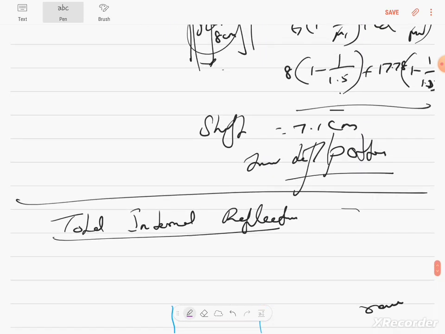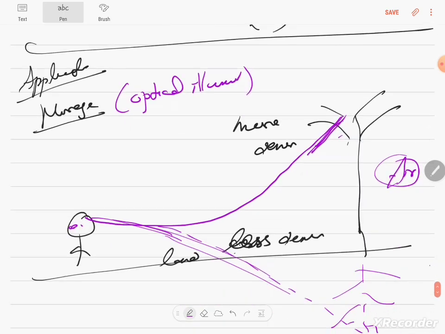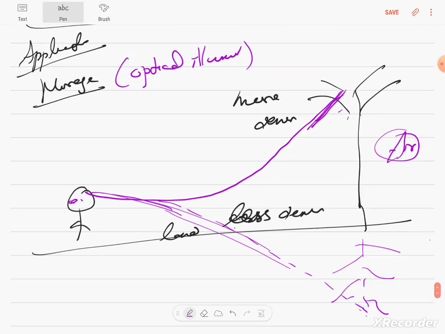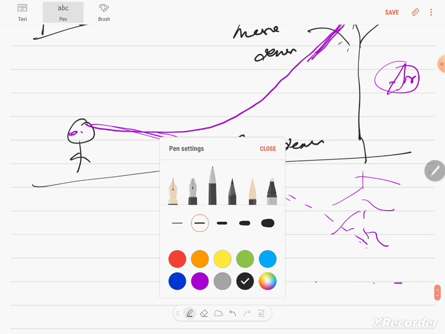The condition is more dense to less dense. It is constantly bending away from the normal, and due to total internal reflection, it appears to come from a point below the ground, and so you get to see the inverted image. The image and the object are formed at the same position on the retina, so you get a blurry image, and that is known as an optical illusion. Are you clear? This is the definition and explanation you have to give when it comes to optical illusion.